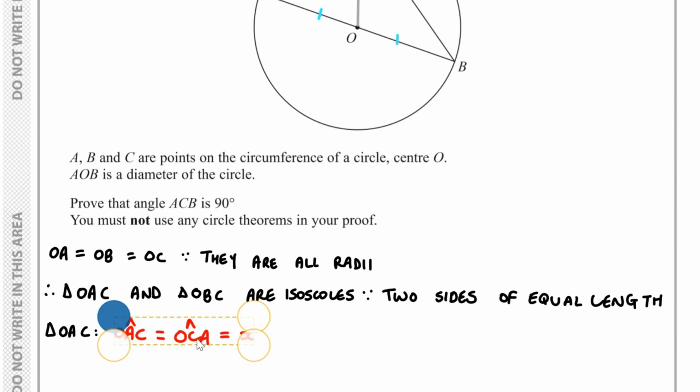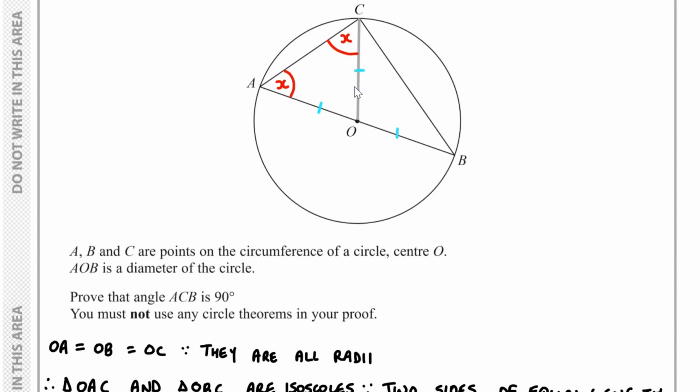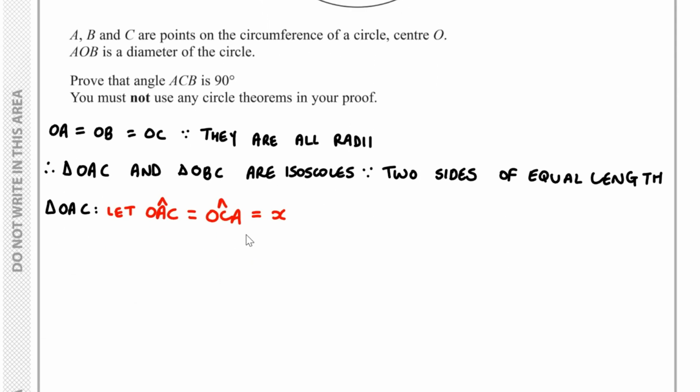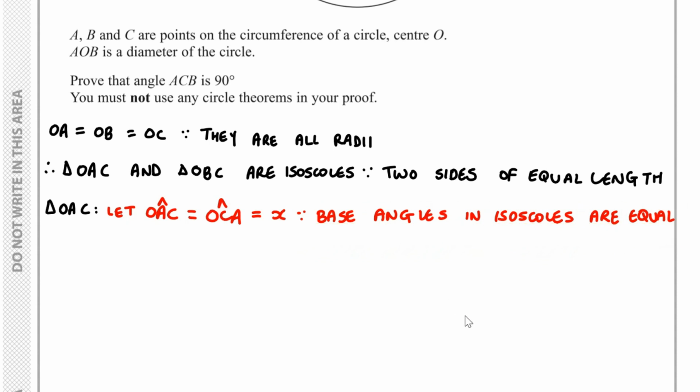So what we're going to do over here is let x equal this. So this one is x, and this one is also x. And that's of course because base angles in an isosceles triangle are equal.